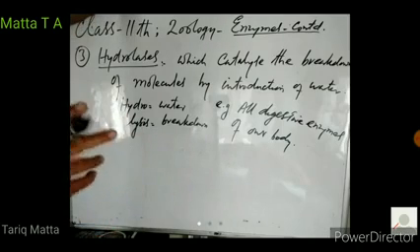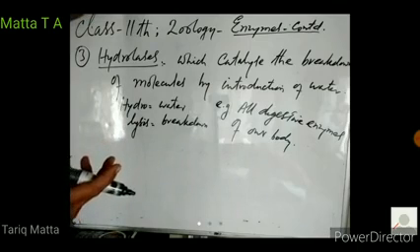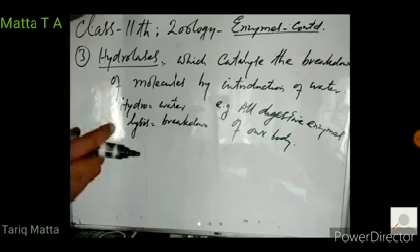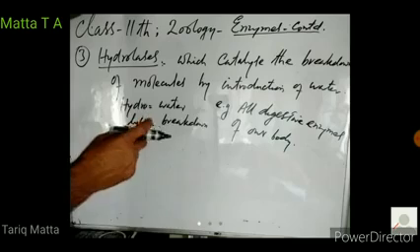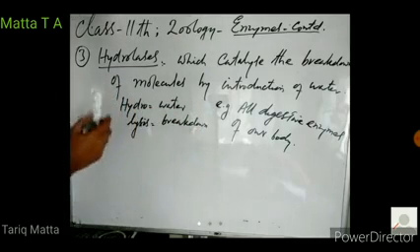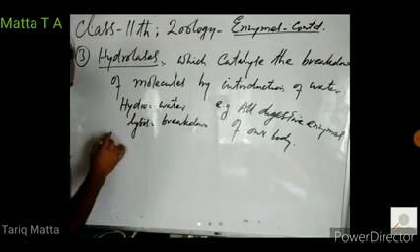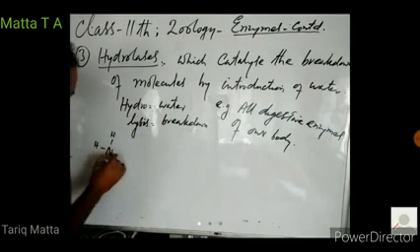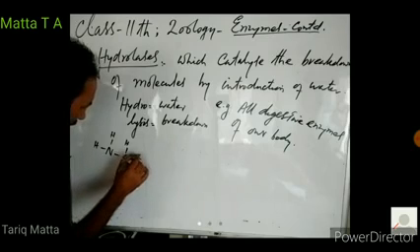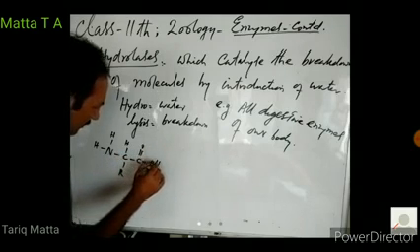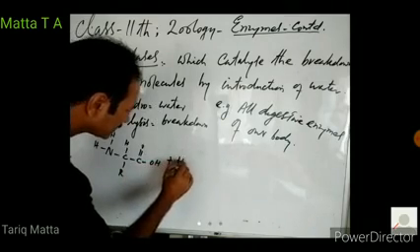At the time of formation of these polypeptides, water was removed from the individual monomers. I hope you remember how one amino acid combined with another amino acid. This was one amino acid. This was another amino acid.